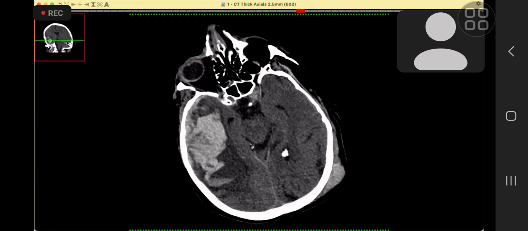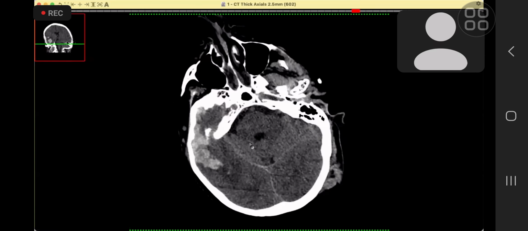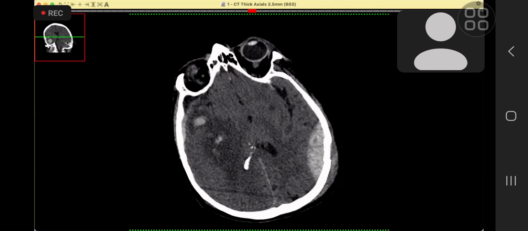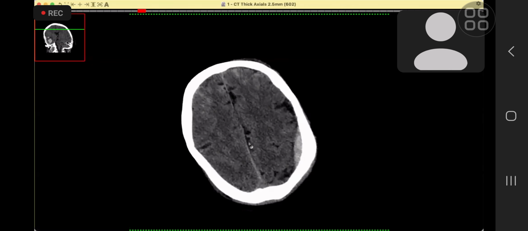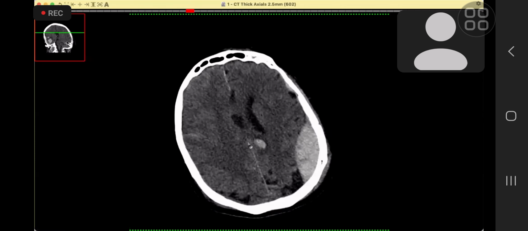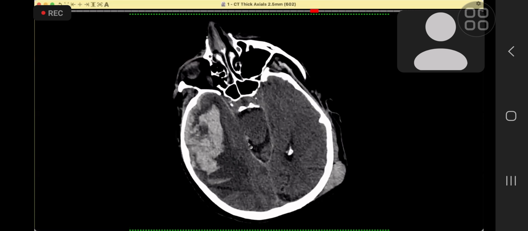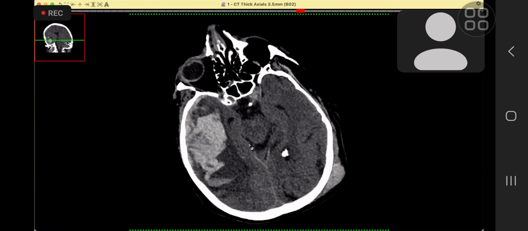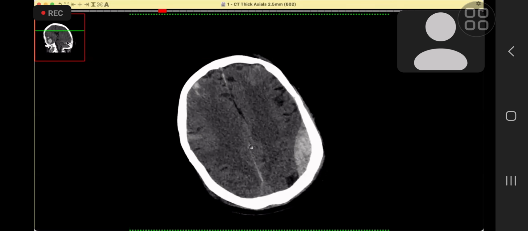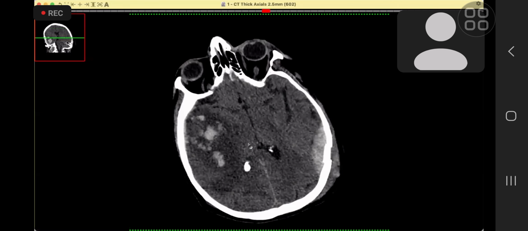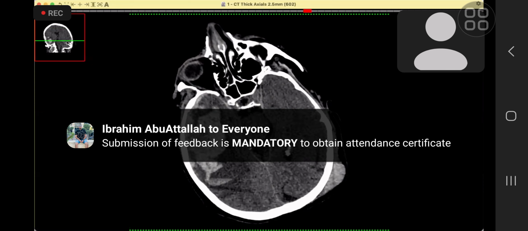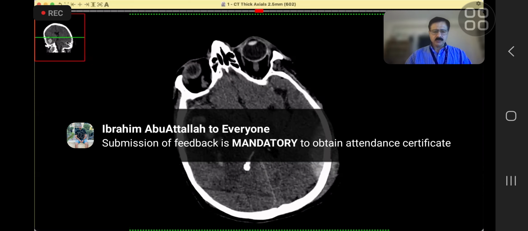So what is your conclusion? In summary, the images I'm presented with demonstrate multifocal hemorrhage within the brain of this patient, both intra and extra-axial. There is an associated fracture overlying the left frontoparietal skull. I would like to stop here. Thank you.